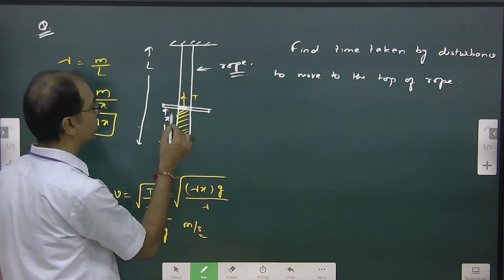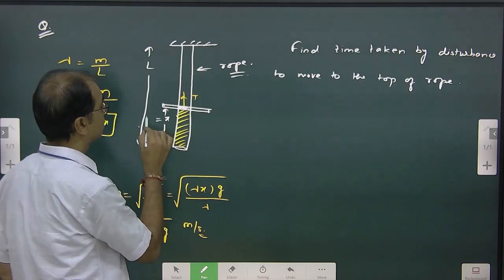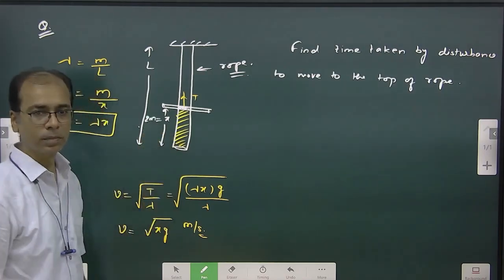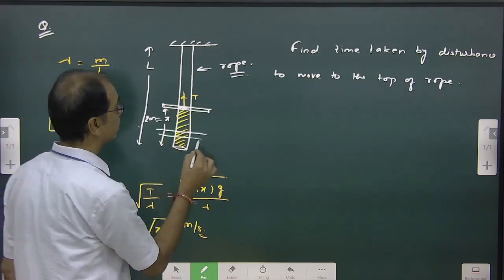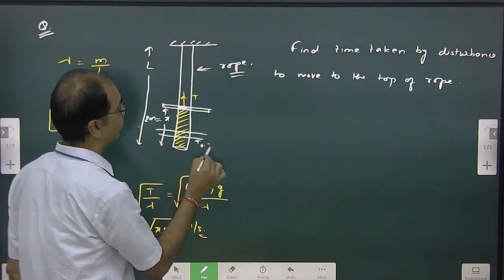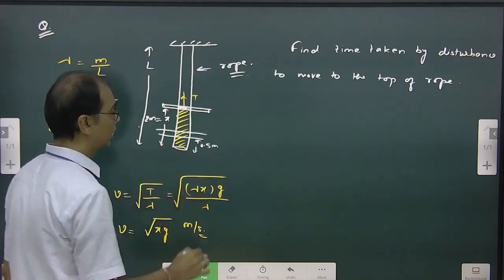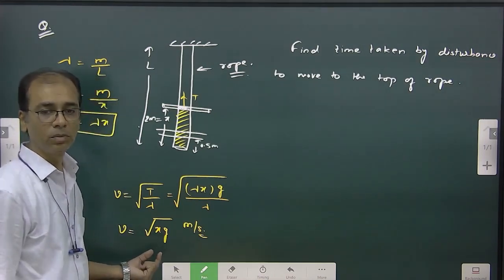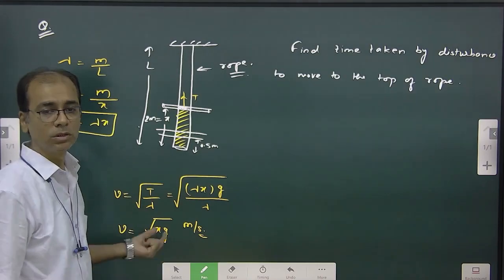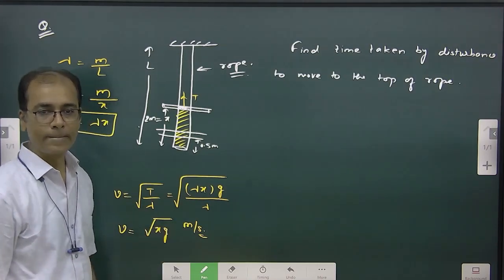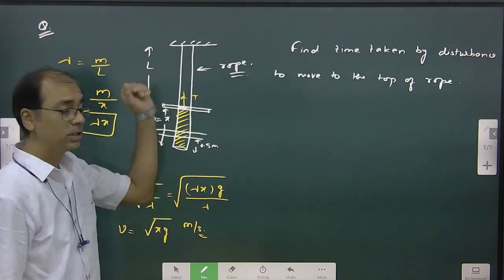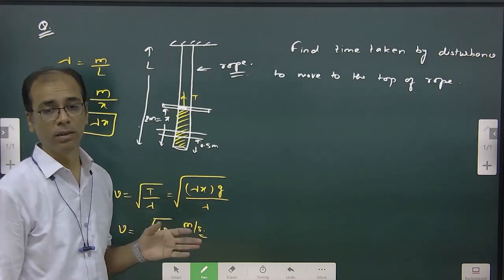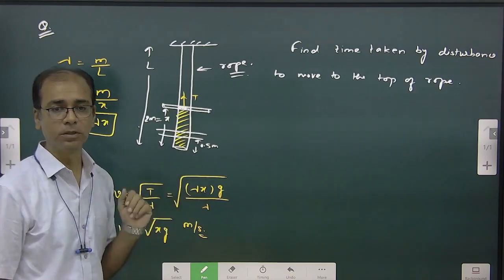If suppose this is 2 meter, then speed will be root 2g. But if I take it where this is 0.5 meter only, x will be 1 by 2, so the answer will be square root of g by 2. So everywhere speed is different. It's not constant, so I cannot write time equal to distance by speed.